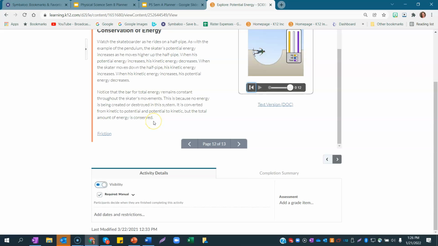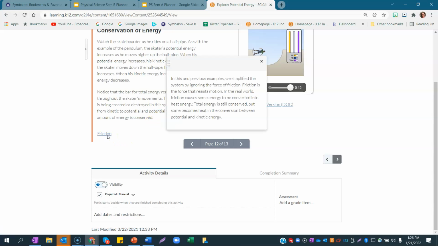Okay, so remember we talked about the law of conservation of mass. There's a law of conservation of energy as well. Friction, remember we talked about friction before. In this and previous examples, we simplified the system by ignoring the force of friction. Friction is the force that resists motion.